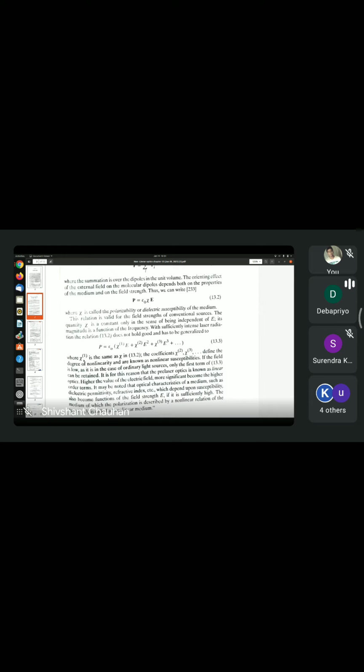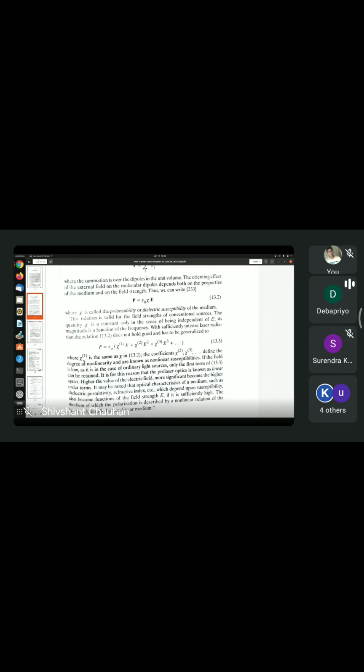So this means that chi 1 is actually chi 1 ij, that means it is a tensor of rank 2, whereas chi 2 should actually be written as chi 2 ijk, that is a tensor of rank 3, and so on. So to be precise, you should write expressions such that the vector character of the polarization becomes very evident.